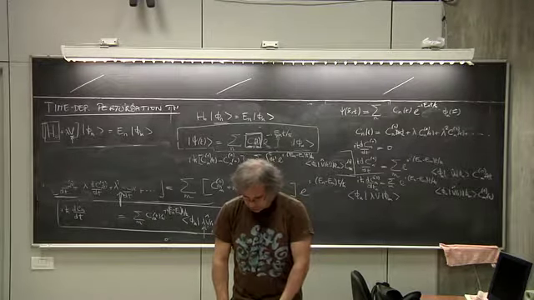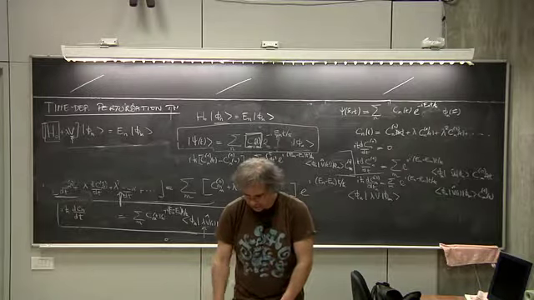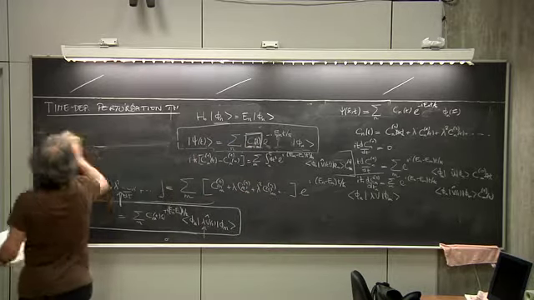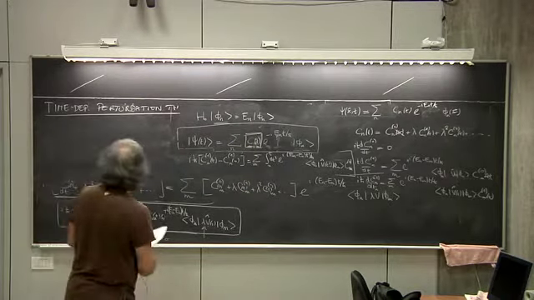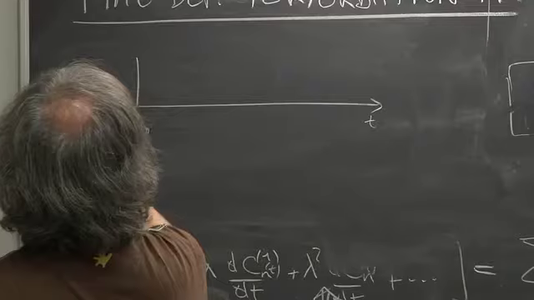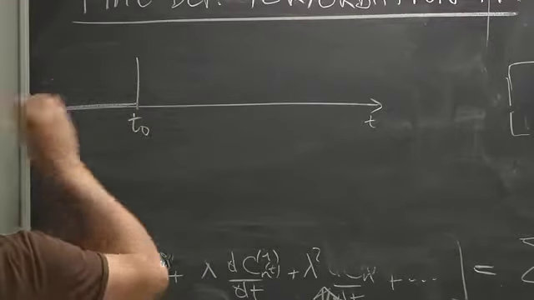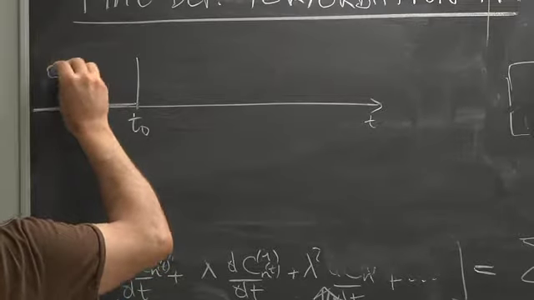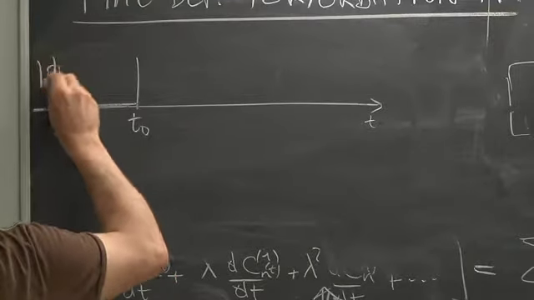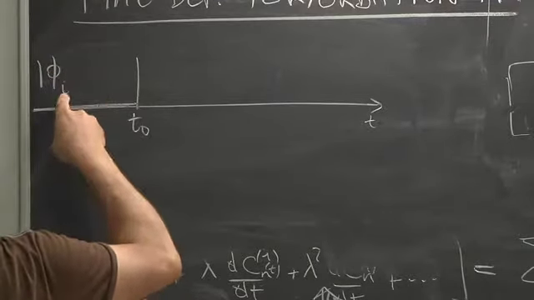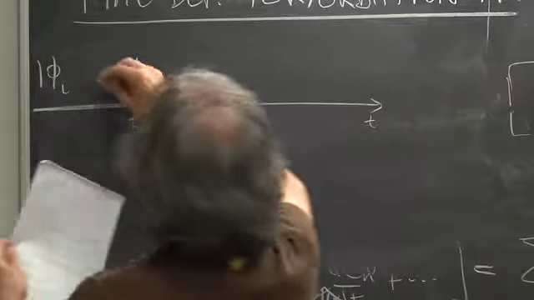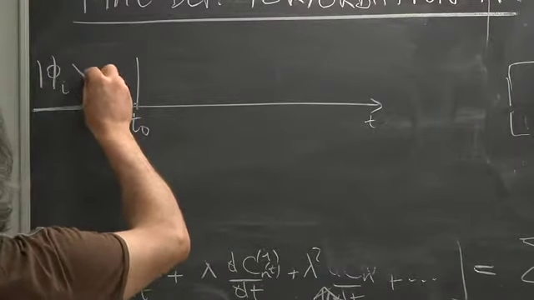Suppose that for all times before a certain t0, I prepare my system such that my system is in a certain phi i, the initial state, a certain eigenstate of the Hamiltonian. So initially I prepare my system there.